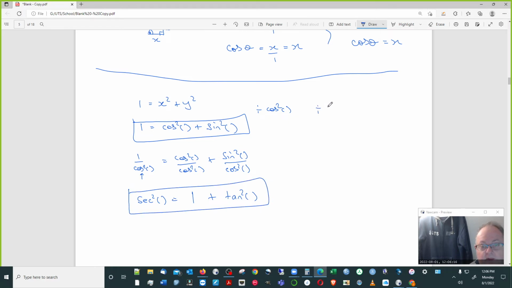Let's divide by sine squared. So we get 1 over sine squared, cos squared divided by sine squared, and 1. And so we get, now that would be cosec squared. Cos over sine's upside down tan, which is cot squared.